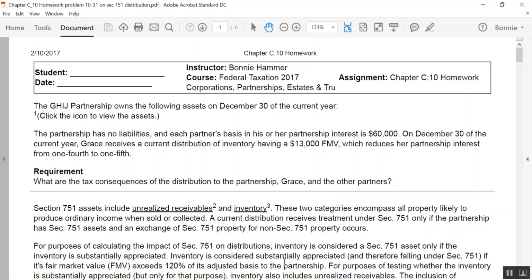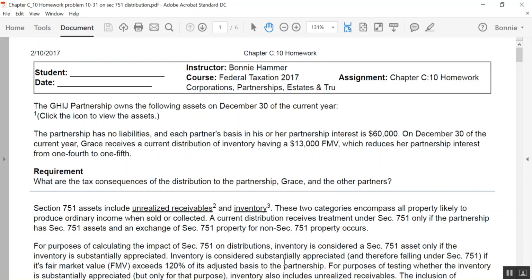So this situation only occurs where the partnership has both kinds of assets, 751 and non-751 assets, and the distribution is disproportionate. Okay? And you'll find when we get to the corporate chapters that there are similar rules where you have disproportionate distributions rather than proportionate distributions. You have differences in tax treatment when that happens.